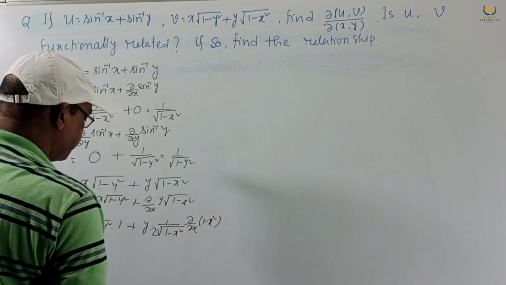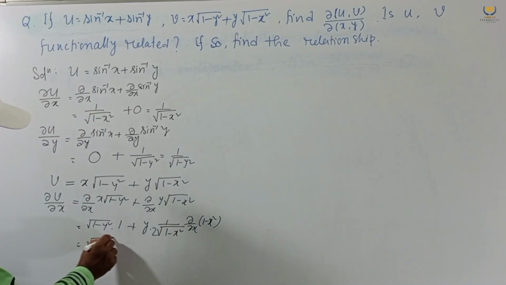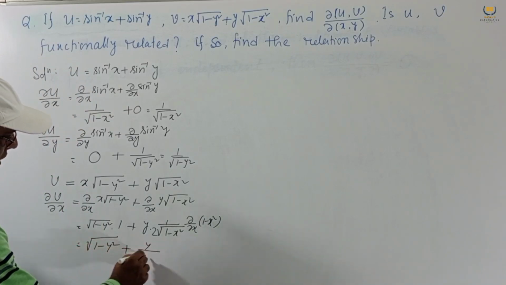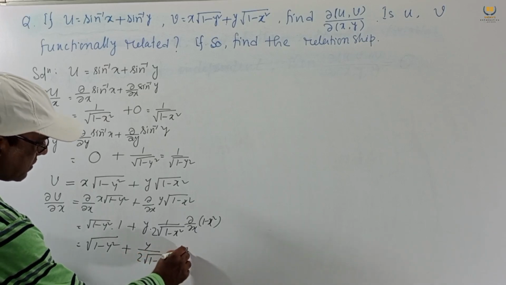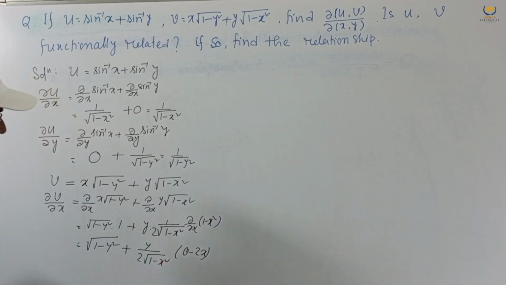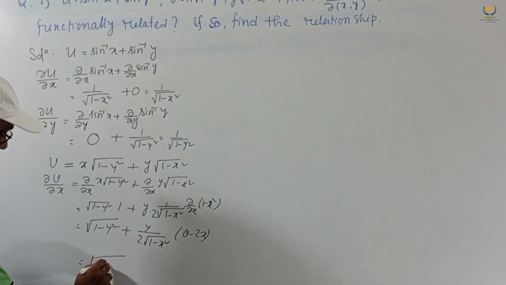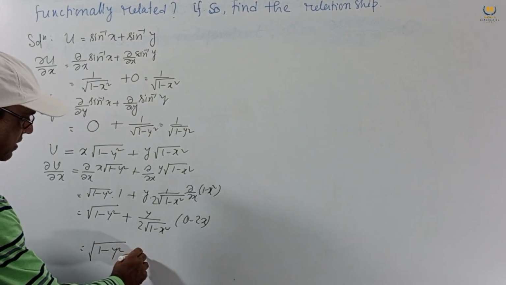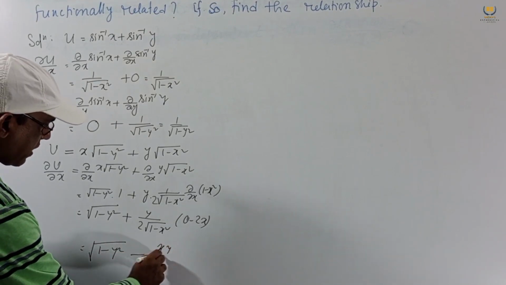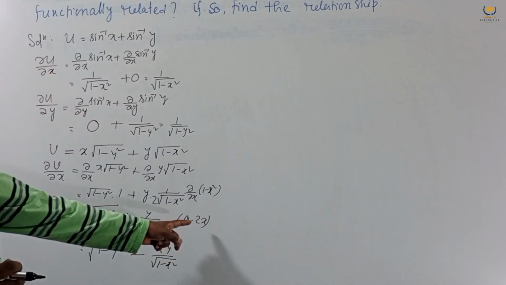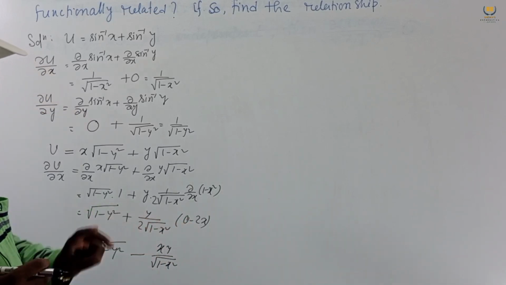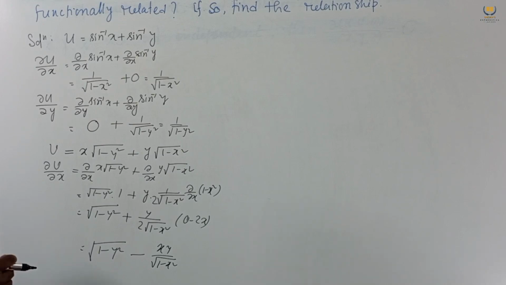We get root over 1 minus y square plus y by 2 root over 1 minus x square times minus 2x, and the 2 cancel. We get root over 1 minus y square minus xy by root over 1 minus x square. This is ∂v/∂x.